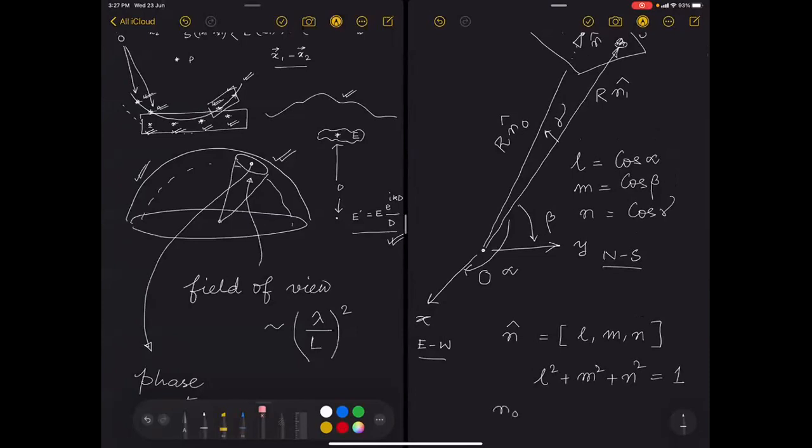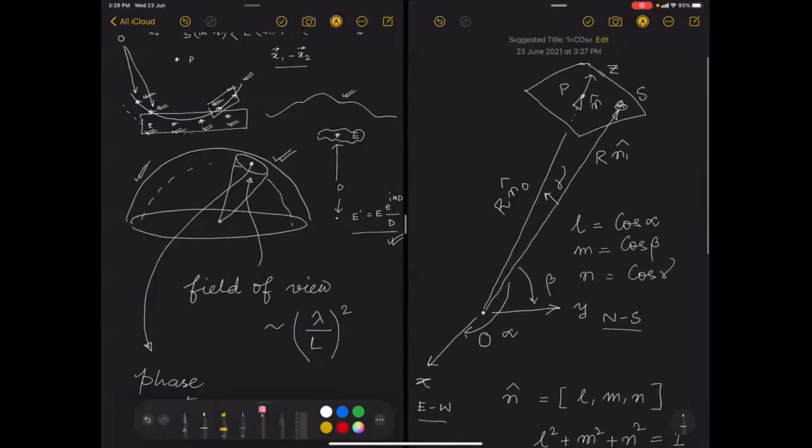What is N0? N0 doesn't have any projection on x and y. It has only projection along z, and that has to be 1. Okay, so this is the coordinate system that I choose. Now, if I have an antenna, so I have not put an antenna yet here. So say I have an antenna here somewhere.